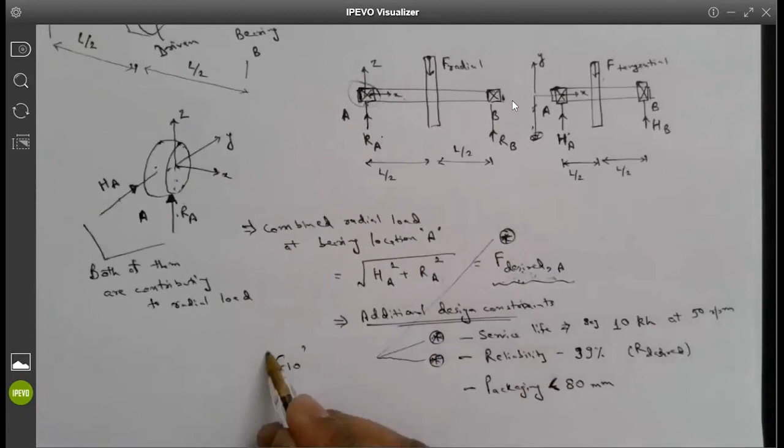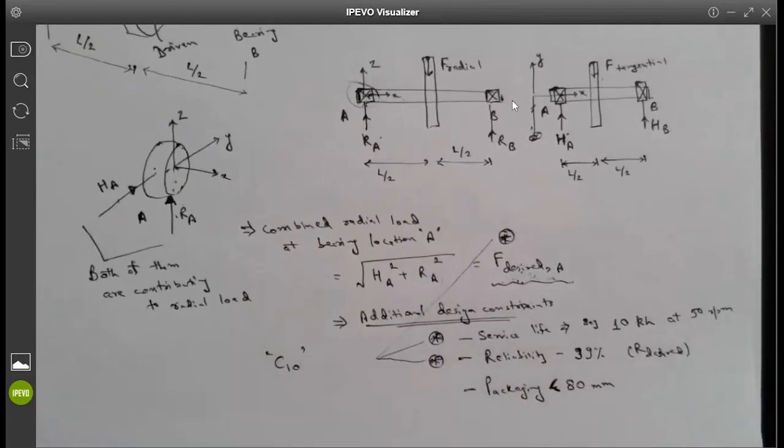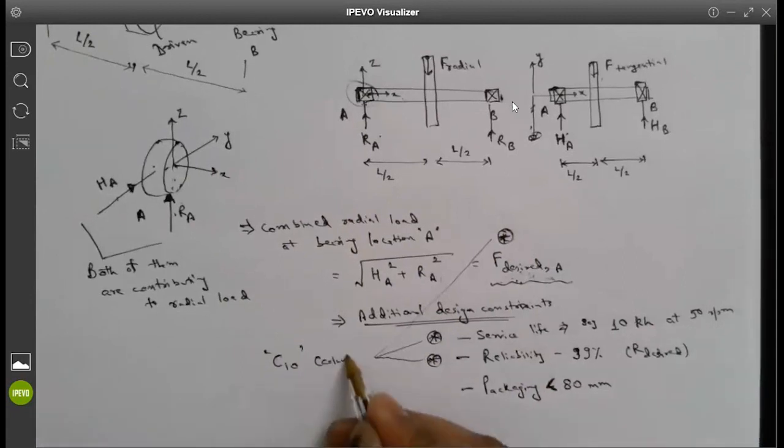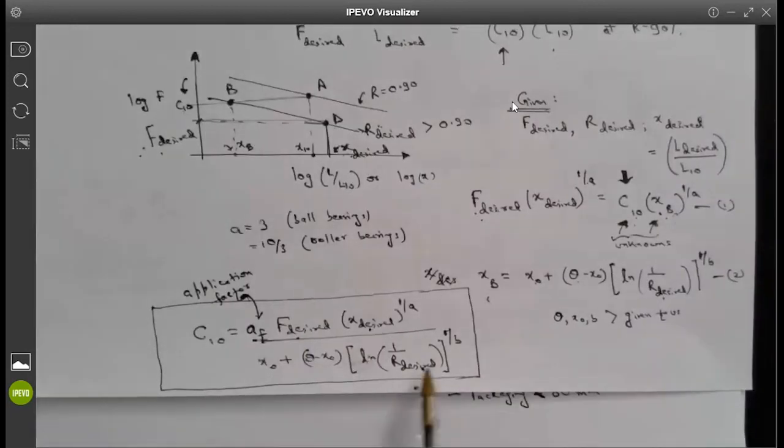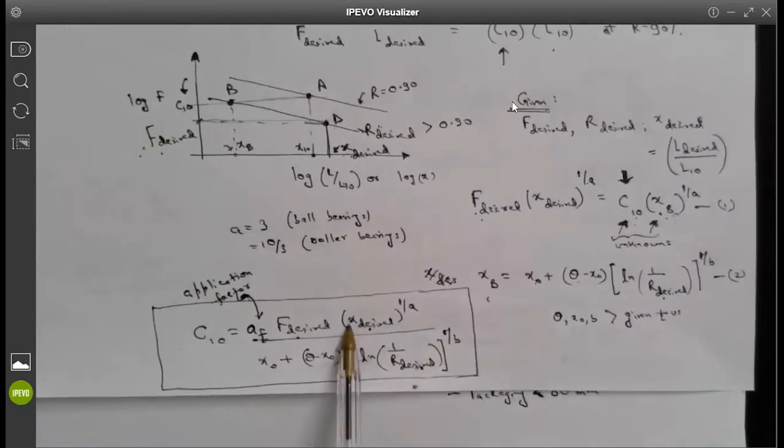I have just shown you the expression for C10 a while ago. If you remember this expression, you know F desired, L desired, R desired, so you can plug in the numbers and get C10.